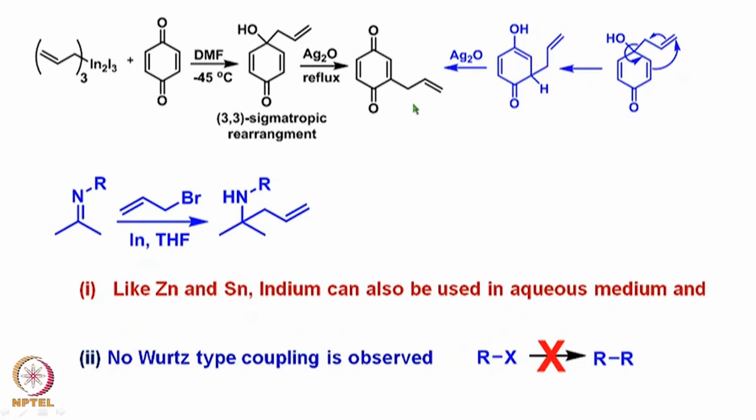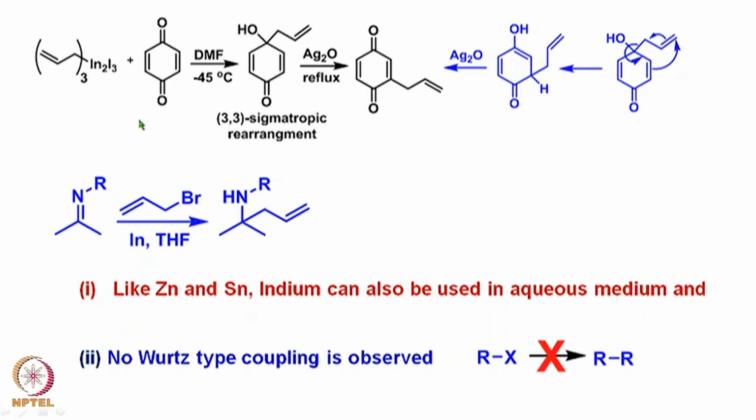The way the reaction takes place is this homoallyl alcohol, which can be written like this here, undergoes a 3,3 sigmatropic rearrangement of this kind, where the allyl group now has attached itself on this particular position, and then under the oxidation conditions with silver oxide, it gets oxidized to form this substituted benzoquinone.